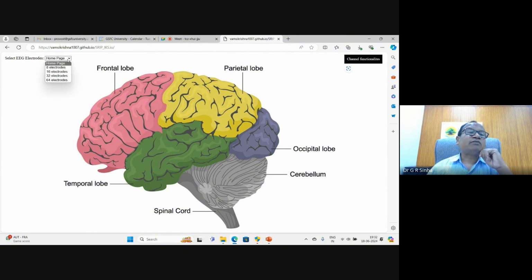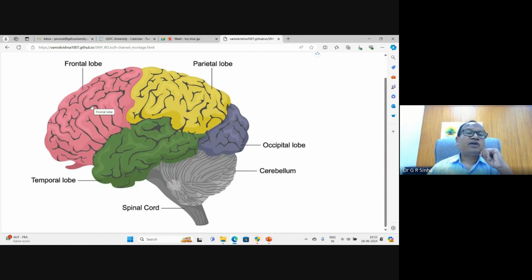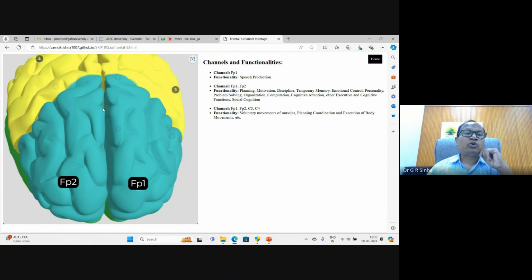Why it is interesting, I will tell you. 8 electrodes, look here. When there are 8 electrodes, and when I click on the frontal area, look here. What does it do in an 8 channel device? Look very carefully at these channels, FP1, FP2. FP1 is used for speech production.